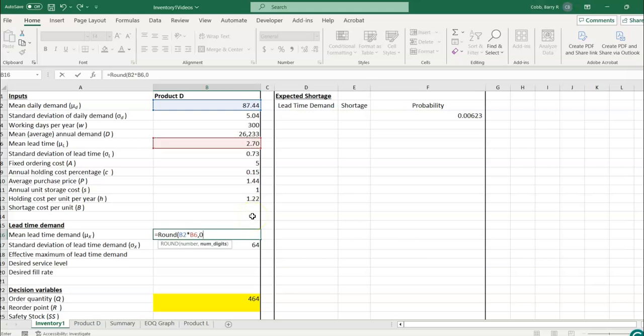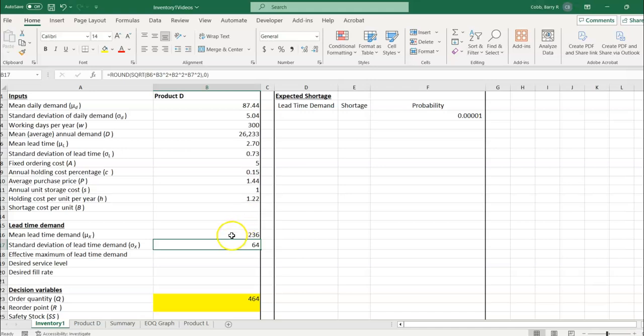And I've entered this round function just to round this to an integer number. It'll make some of our other calculations easier. So on average, our demand during our lead time is 236.